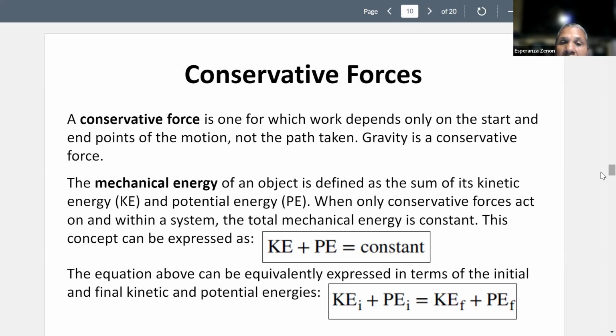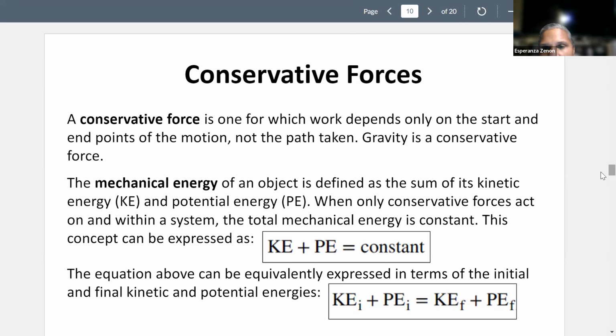Any force that does work and only depends on where you start and where you stop in terms of the motion. Because remember, to do work, you have to move an object. You have to move the object in the direction of the force. So when you do that, and you only have to figure out where you started and where you stopped, it doesn't matter how you get in between, what you do in between those points, we call that a conservative force.